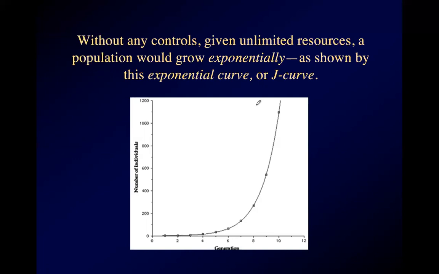And if we had a population that had unlimited resources, all of the food that it needed, all of the nutrients, all of the right temperature and amount of water and all of that, if there were nothing controlling it, the population would grow exponentially.